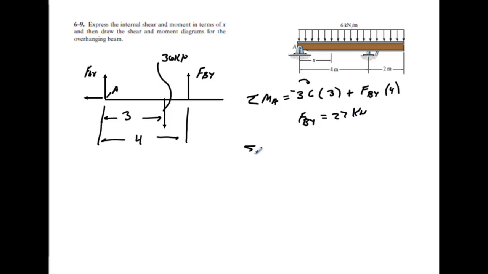And then all we have to do is sum our forces in the Y. Set that equal to 0. We'll have negative 36 kilonewtons coming down, plus the 27 we just found coming here, plus FAY equal to 0, and we'll get FAY will equal 9 kilonewtons, and that's going up here.